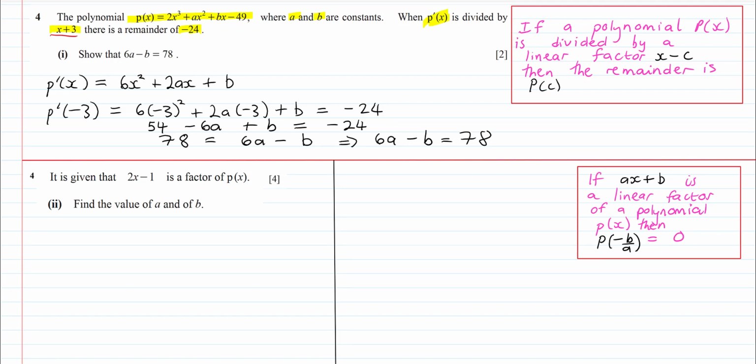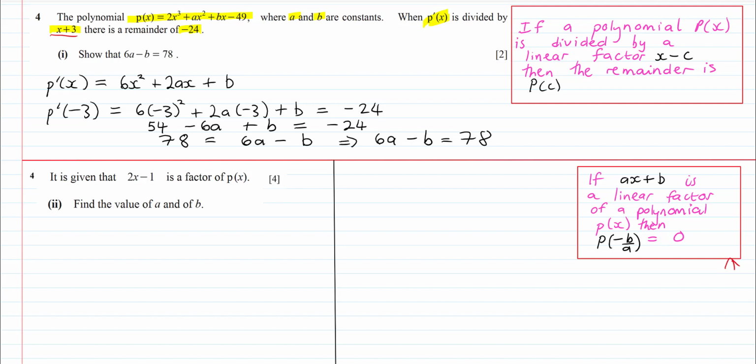For part 2, we're given that 2x minus 1 is a factor of p of x, and we need to find the value of a and b. I've written out in this box over here the remainder theorem. If ax plus b is a linear factor of a polynomial p of x, then p of negative b over a is equal to 0.